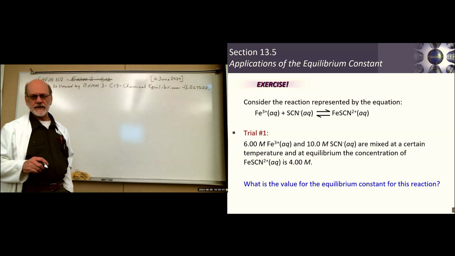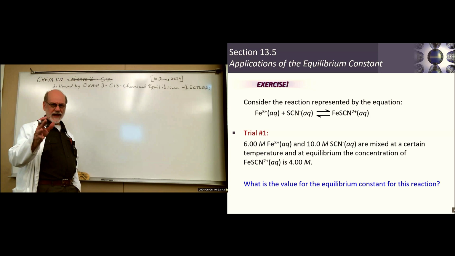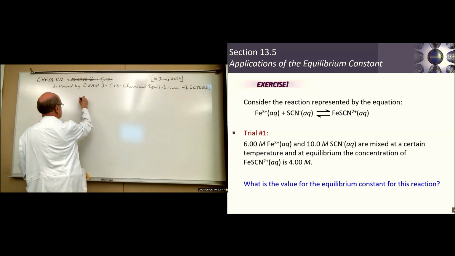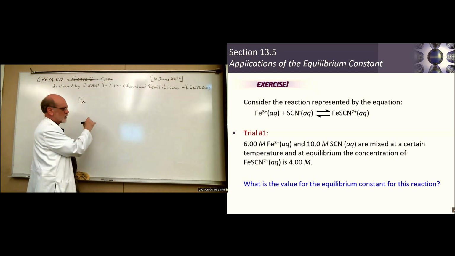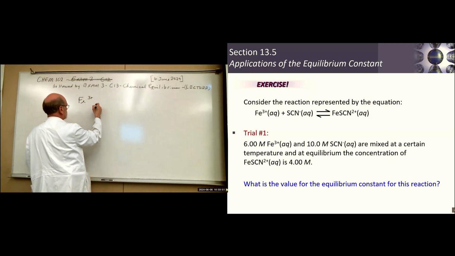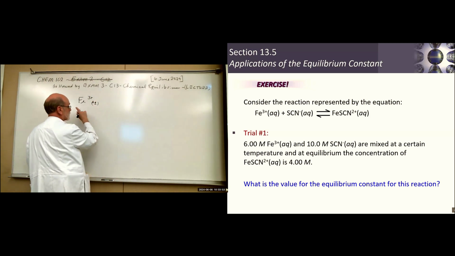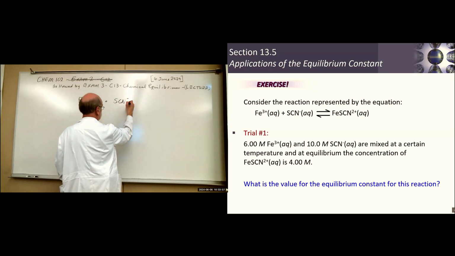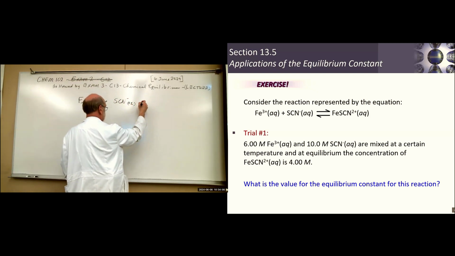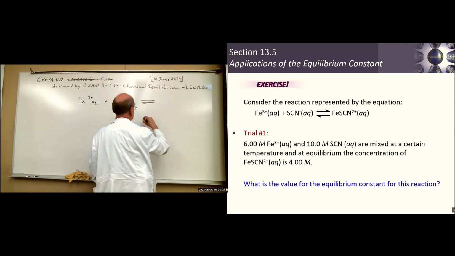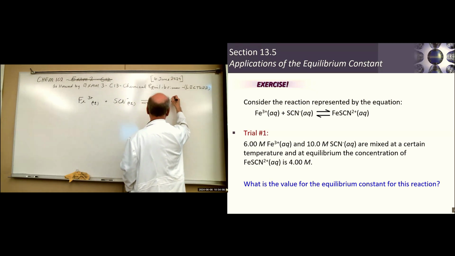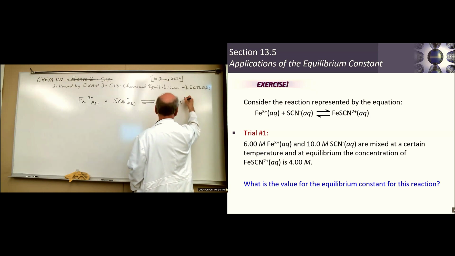So for this first trial and that reaction, I'm going to write it first because I think we're going to use this same equation several times. That's aqueous, so we know that one's going to change. And this is thiocyanate ion, and it yields in equilibrium this complex ion, that's FeSCN with a 2 plus.